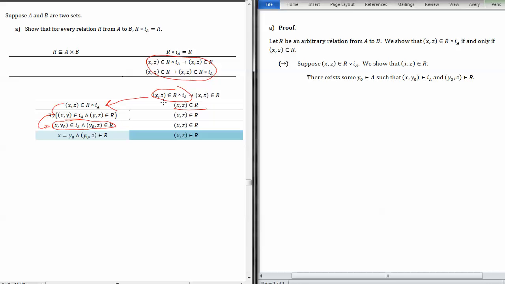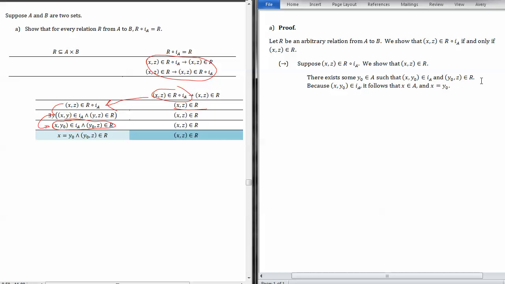Okay, and then when we get to the next line, we're going to see that x has to equal y naught. And so I will explain that by saying because x, y naught is in the identity relation on the set A, it follows that, well, for one thing, x is in A, and moreover x equals y naught.